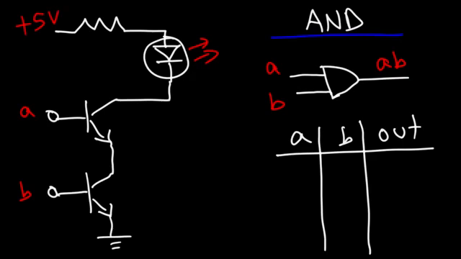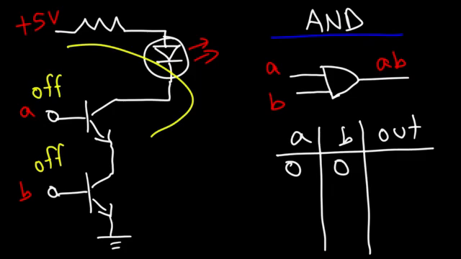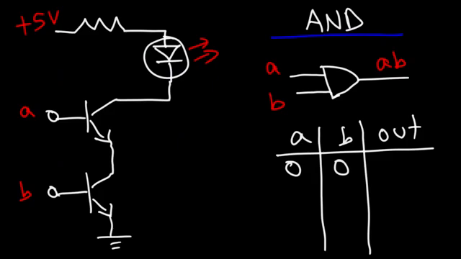So what happens if input A and B are in an off state? Will the LED be on or off? In this case, both transistors will be off. So no current can flow from the positive 5 volt source to the ground. So therefore, the output will be a 0 because the LED is off.